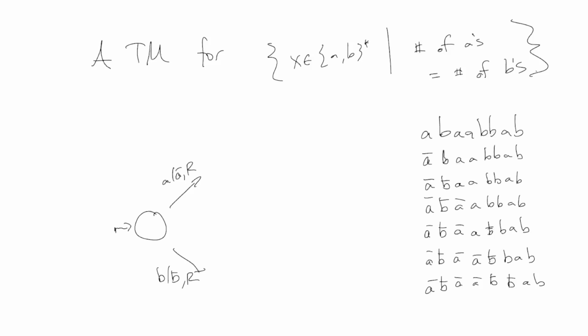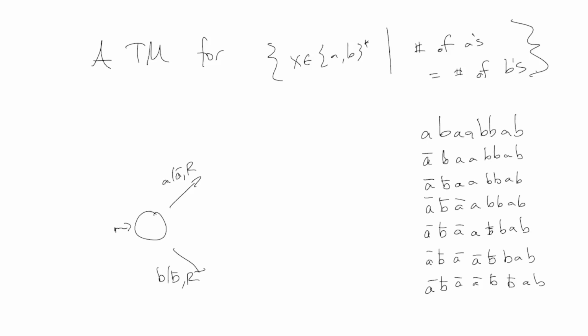Maybe somehow this is not necessary. I think these can go. I would suggest this: A gets marked, and you're going to look for a B to mark.